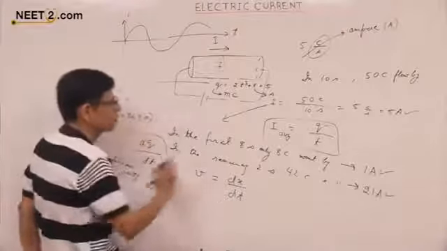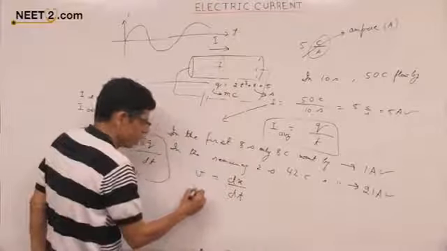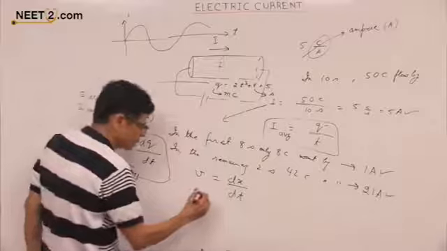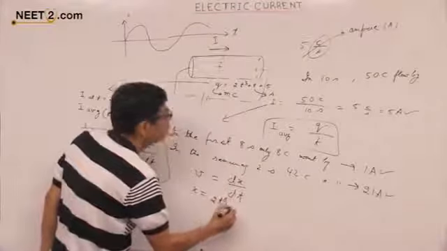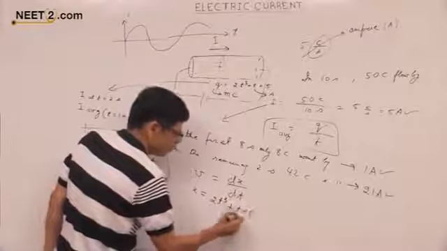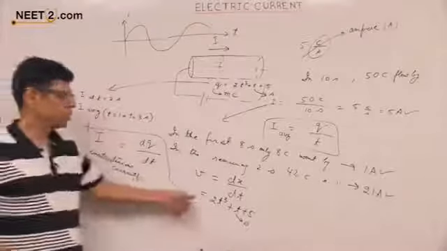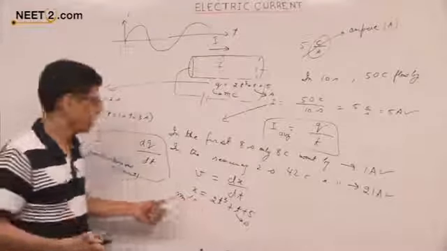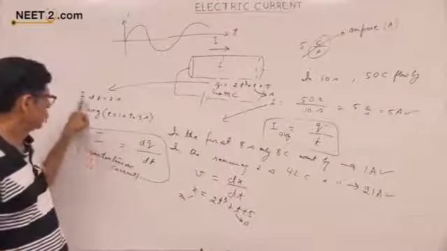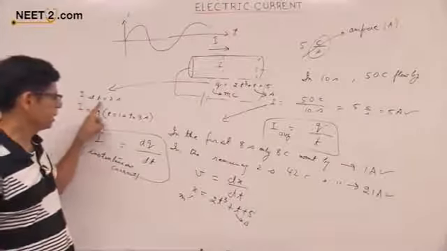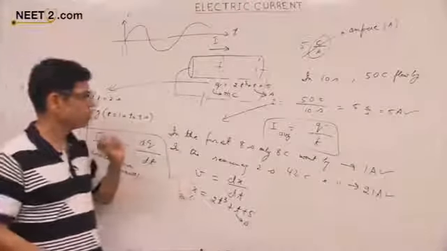So without associating further meaning, you could say this question is as though in motion in one dimension or kinematics, I had x is equal to 2t cube plus t plus 5, where t was in seconds and x was in meters. And somebody asked you, what is the instantaneous velocity? Yes, current. So he's asking, what is the instantaneous current? Similarly here, what is the instantaneous velocity at t is equal to 2 seconds?